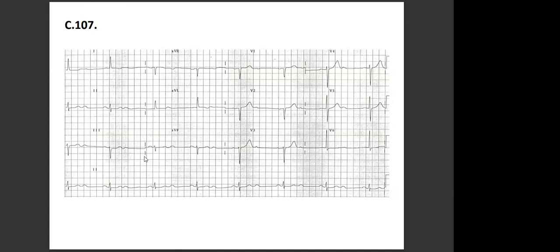Okay, all right. And so I think it's a high degree block. The axis is normal. I don't think that is a high degree. No, because it's rhythmic. Oh, yeah. High degree cannot be rhythmic. Yeah, that's true. So it's rhythmic.